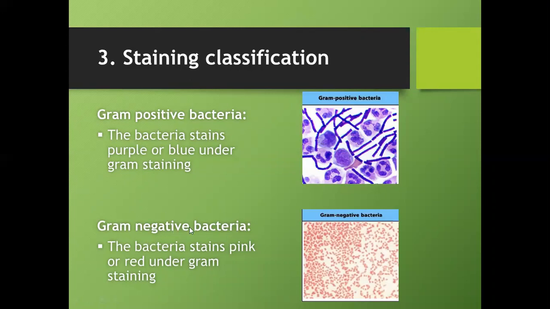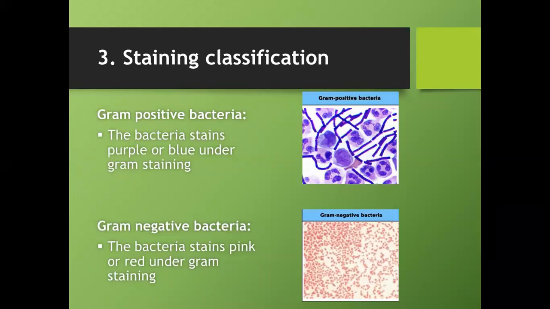And then we have gram-negative bacteria. These ones have a thin peptidoglycan layer, therefore they normally lose their primary stain, and then they stain with a counterstain. I know it sounds weird, but we'll do gram staining and you'll understand the process.